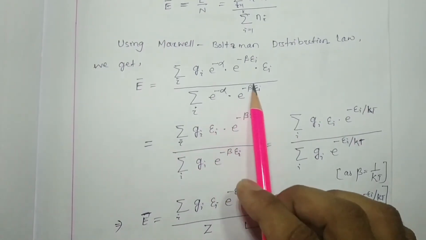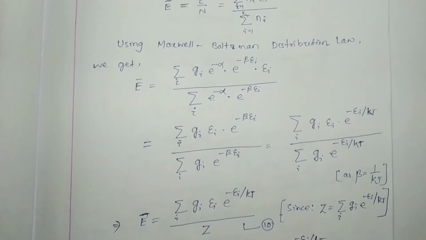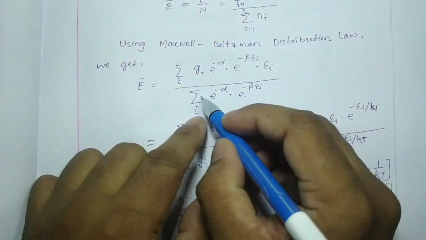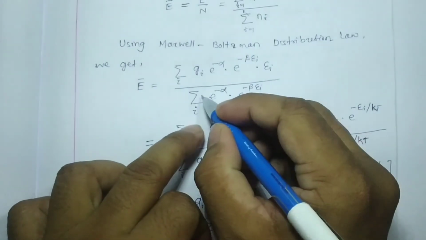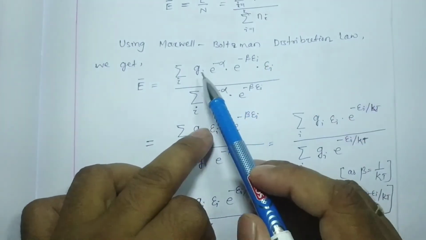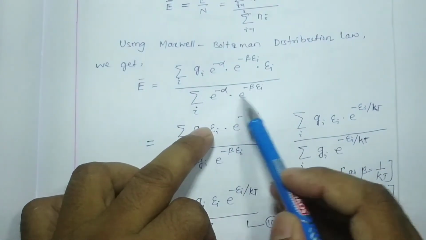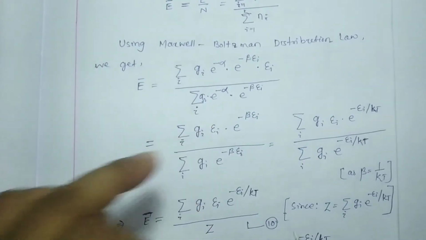In the denominator, I just missed writing Gi. The summation of Ni is nothing but Gi e to the minus alpha e to the minus beta epsilon i, so in the denominator I missed Gi; you correct it.